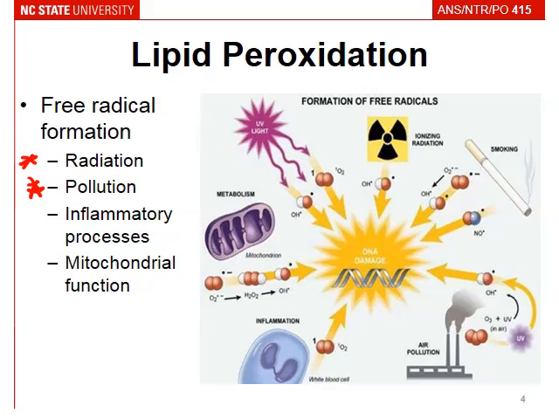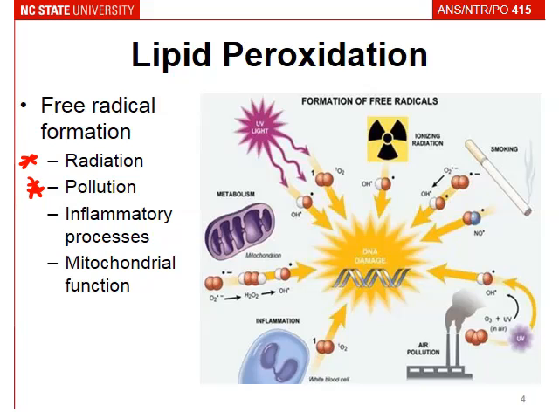Radiation is why people don't want nuclear power plants around them. Pollution is one of the many reasons why smoking has been banned, and we're trying to decrease the amount of emissions in cars, to reduce the amount of pollution, and therefore we are healthier because we have less free radical formation.